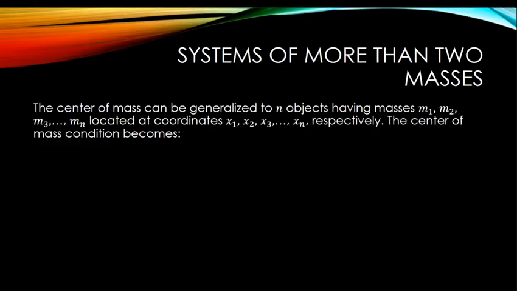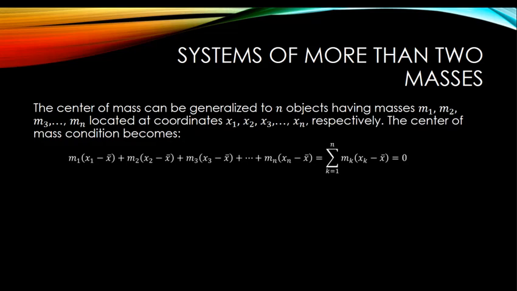The center of mass condition then becomes m sub 1 times (x sub 1 minus x bar) plus m sub 2 times (x sub 2 minus x bar) plus m sub 3 times (x sub 3 minus x bar), and so on up to m sub n times (x sub n minus x bar) is equal to the sum from k equal 1 to n of m sub k times the quantity (x sub k minus x bar), which is equal to 0.